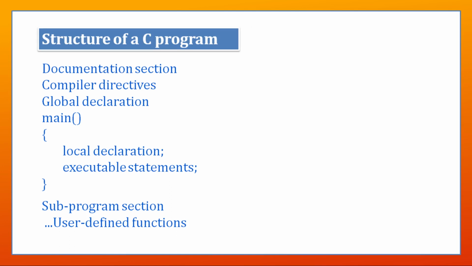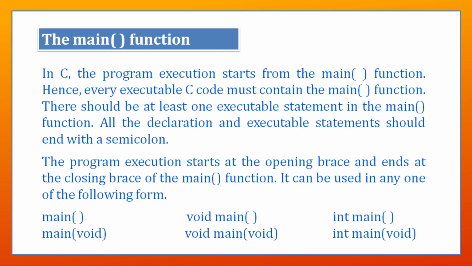Main function. In C, the program execution starts from the main function. Hence, every executable C code must contain the main function. There should be at least one executable statement in the main function. All the declaration and executable statements should end with a semicolon. The program execution starts at the opening brace and ends at the closing brace of the main function.